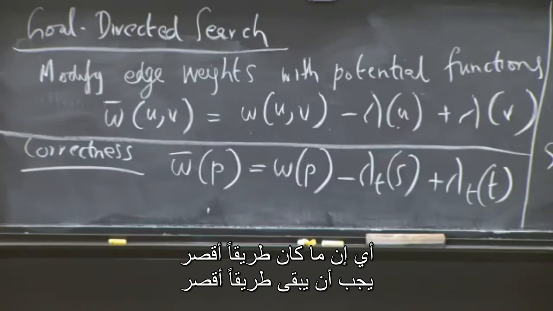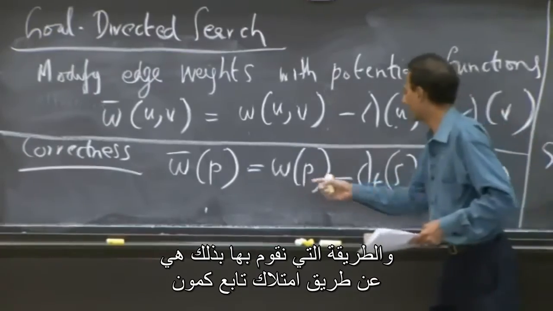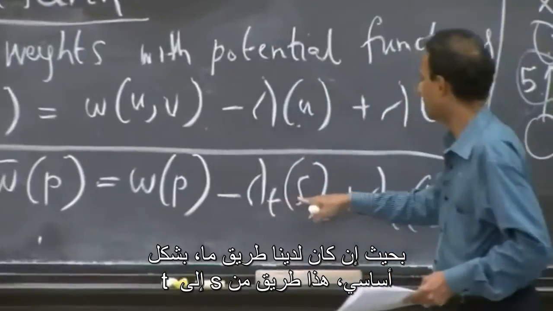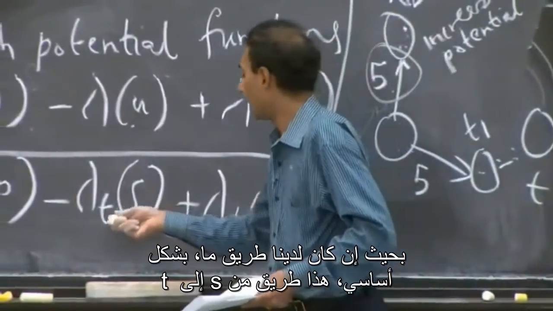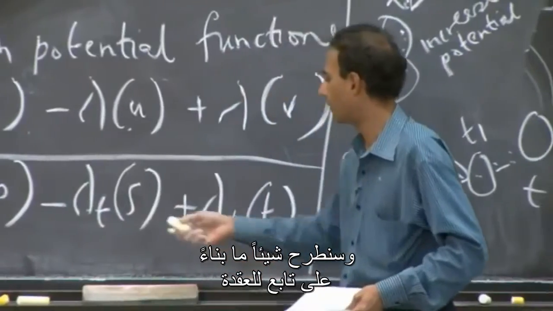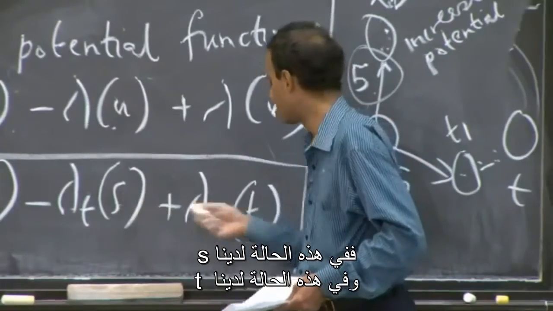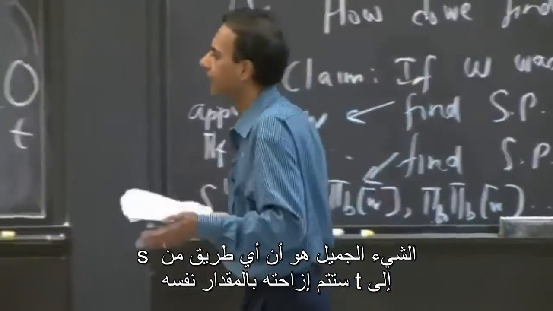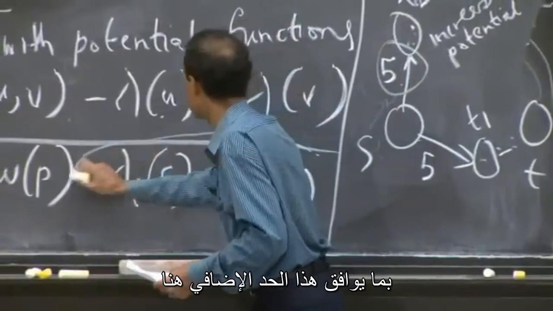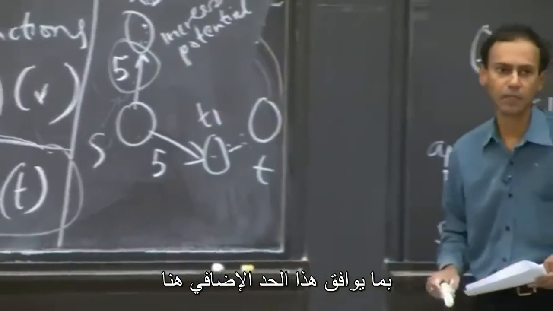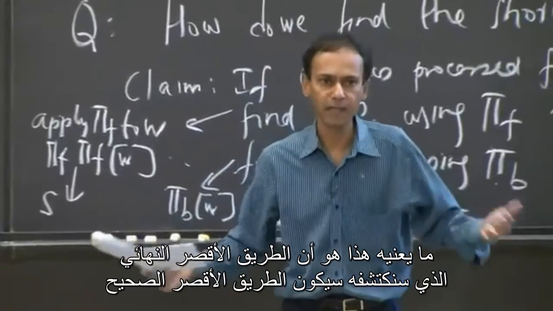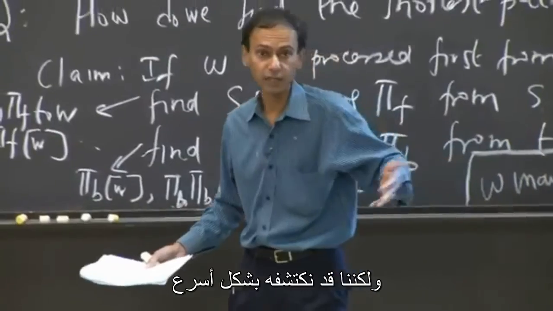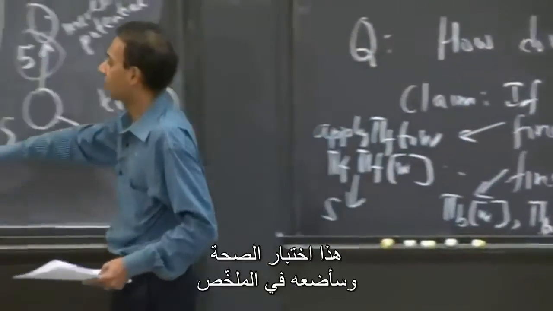So what used to be a shortest path should stay the shortest path. And the way you do that is by having a potential function such that if you have an arbitrary path from S to T, you subtract out something based on a function of the vertex. In this case, you have S, and in this case, you have T. So the nice thing is that any path from S to T is going to get shifted by the same amount corresponding to this additional term here. So what that means is that the final shortest path that you discover will be the correct shortest path. You just may hopefully discover it faster. All right? So that's the correctness check.